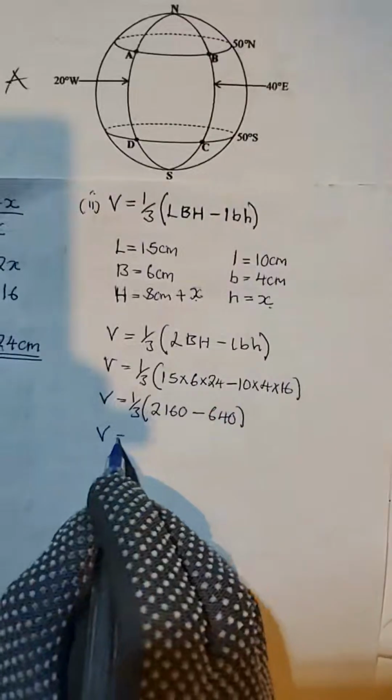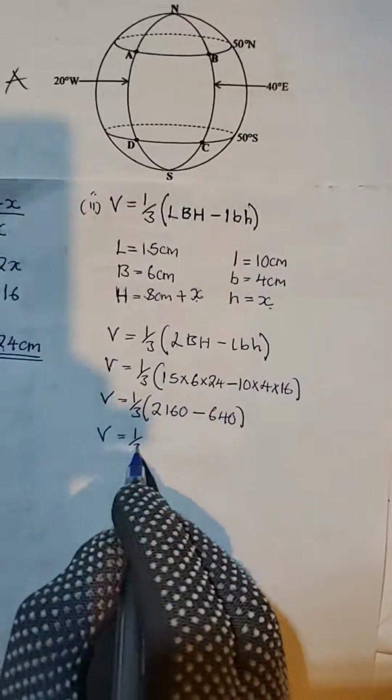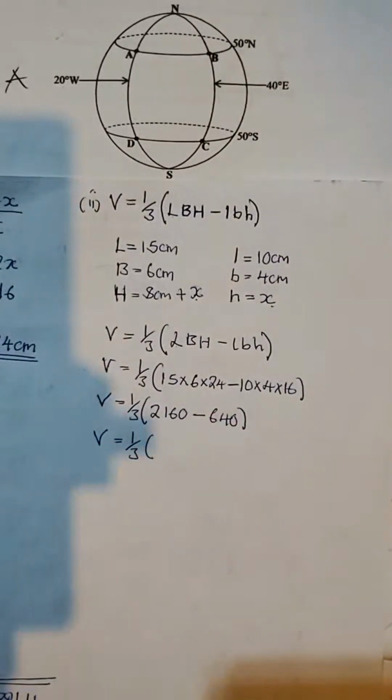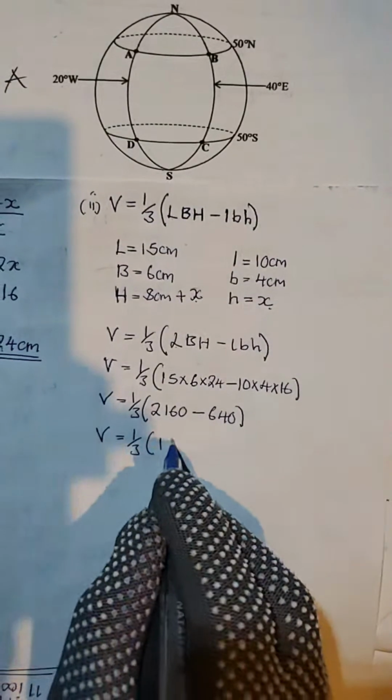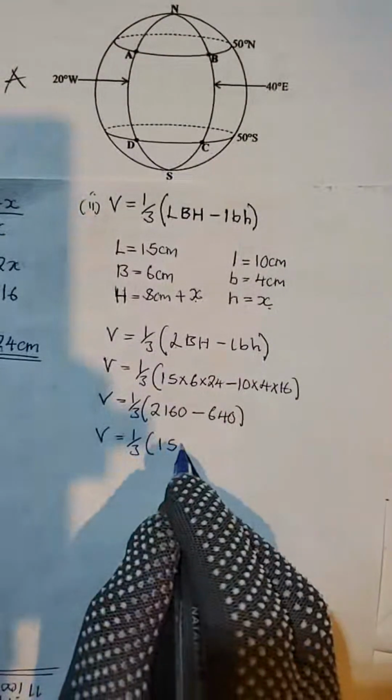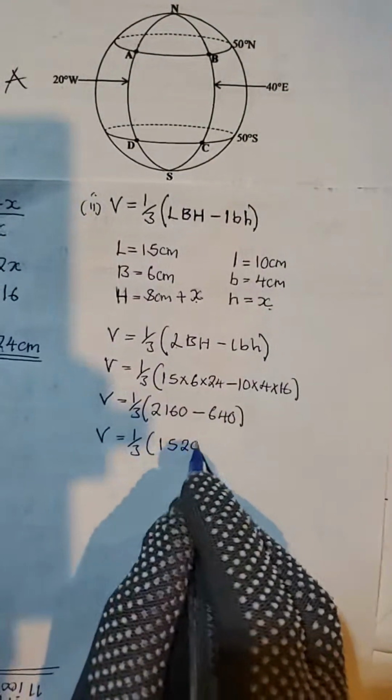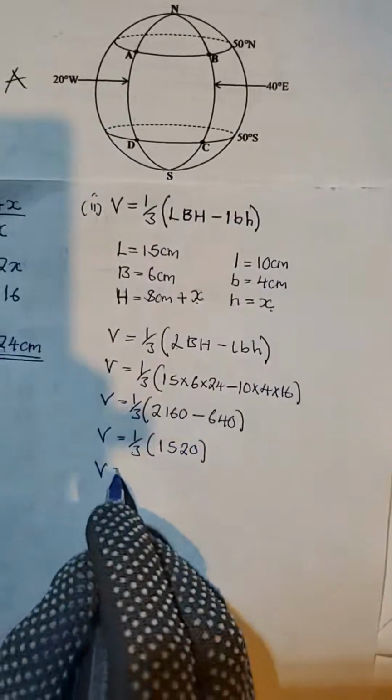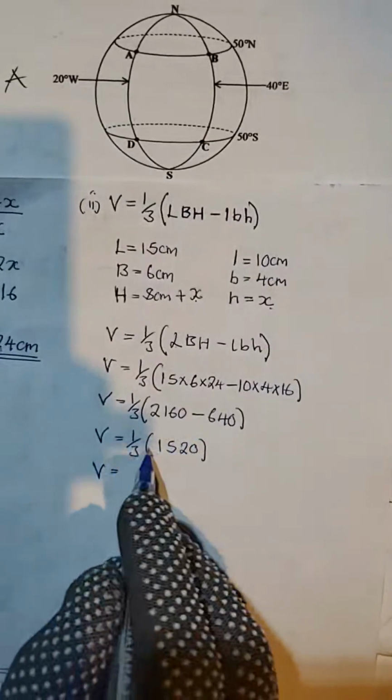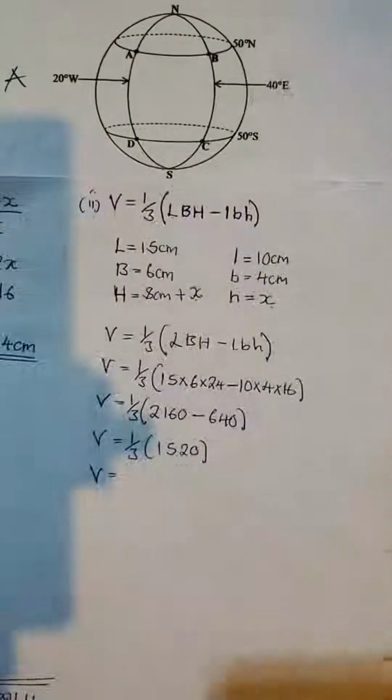So you have volume is equal to 1/3, open bracket. Let's subtract 2,160 minus 640. This is 1,520. Then let's divide. This multiplied by this, 3 into that one.